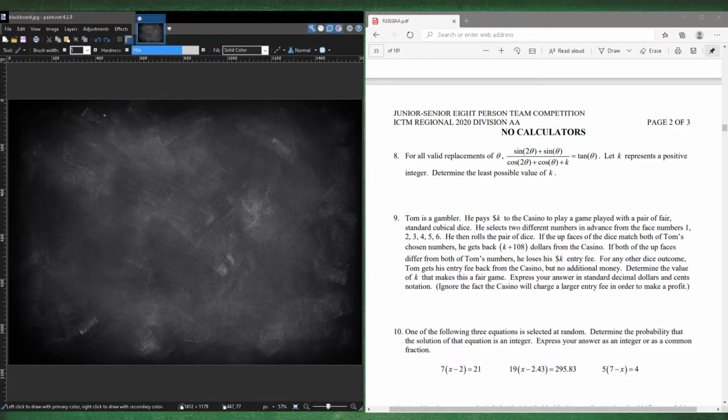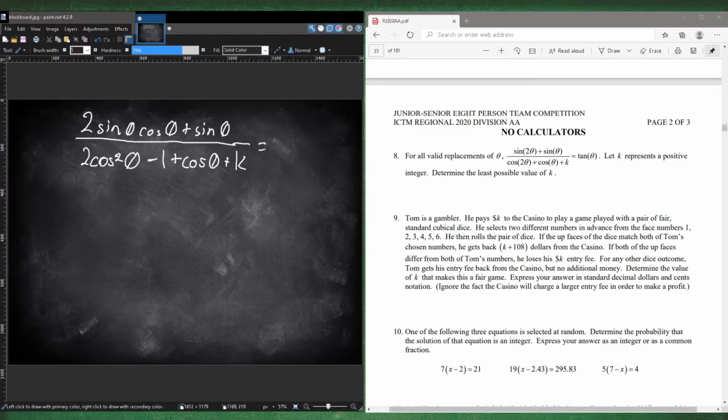So sine of 2 theta is 2 sine of theta cosine of theta plus sine of theta, because that's a plus sine of theta over here. And now cosine 2 theta, since there's cosine on the bottom, we would likely put the cosine form, so that's 2 cosine squared of theta minus 1, plus cosine of theta plus k, and that's equal to tangent of theta.